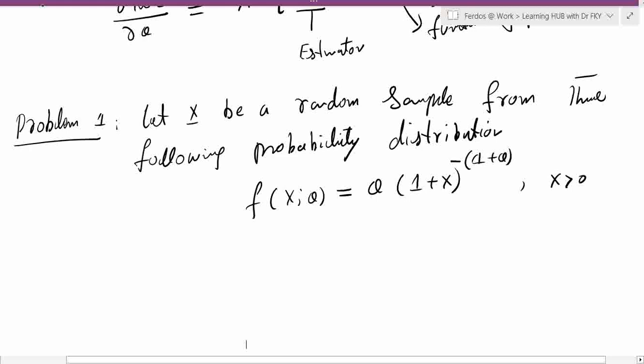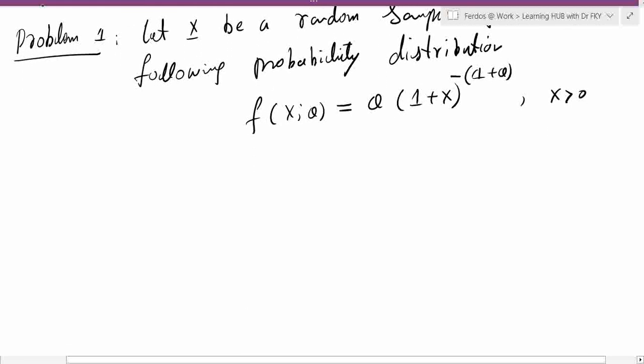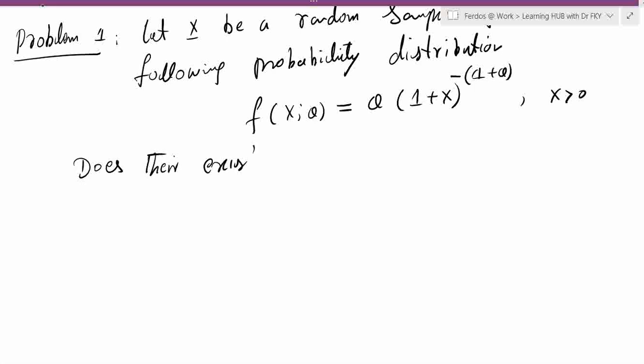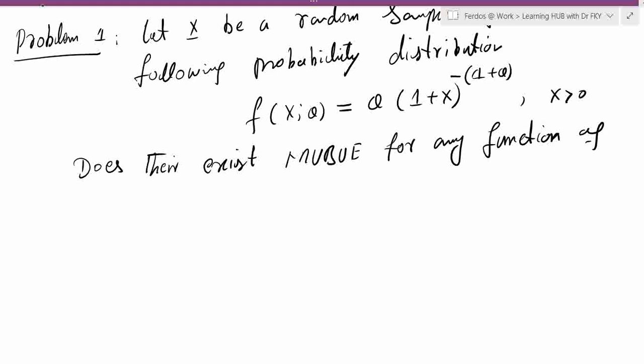Now the questions are: does there exist an MVBUE for any function of theta?